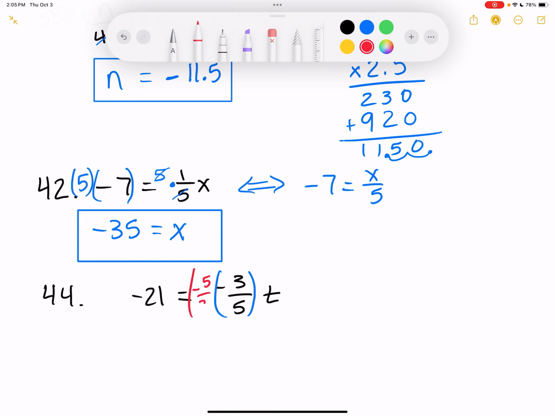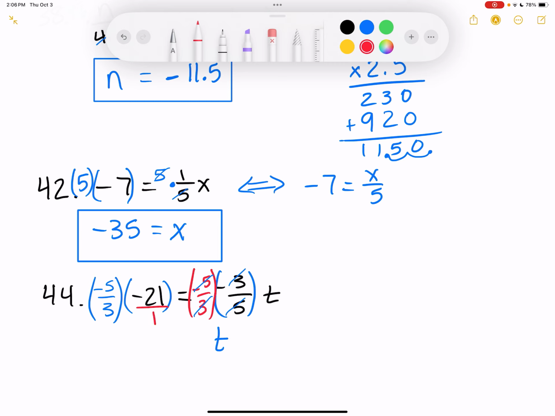Okay, so when you do that, then notice 3's cancel over here, 5's cancel, and the negatives are gone. So all I'm left with is a t on this side. So over here, I'm multiplying by negative 5 over 3. If I need to, I can imagine this 21 is over a 1 so that I see it with my fraction.